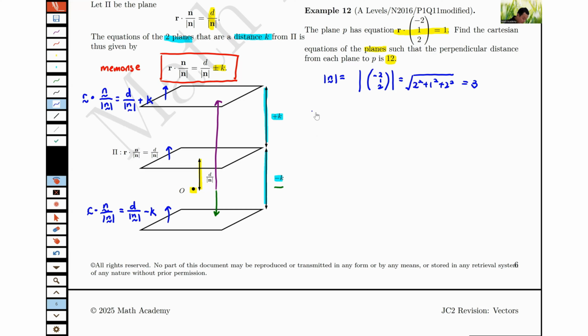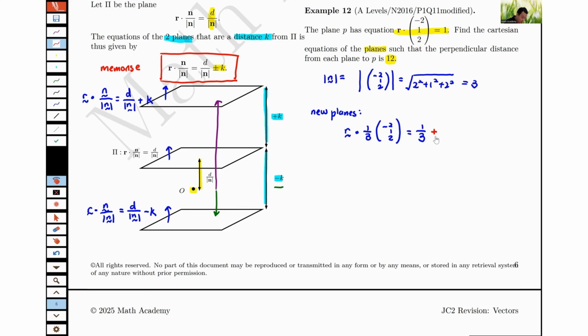What is the equation for the new planes? If you understand the formula, we will directly apply it. It will just be one step, then you simplify. So your equation will be R dot, let's divide by mod n first, so you have 1/3 of the normal vector equals, right-hand side also 1/3, and you go for your plus minus k.